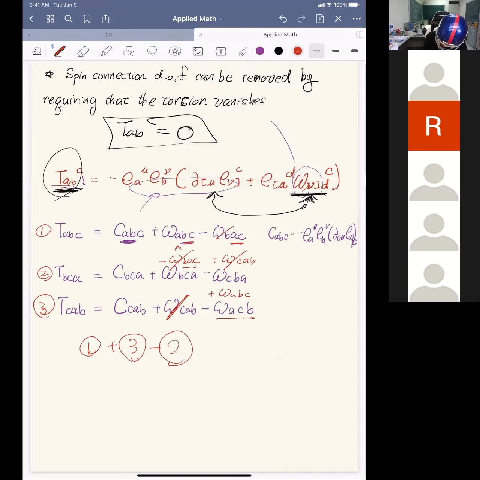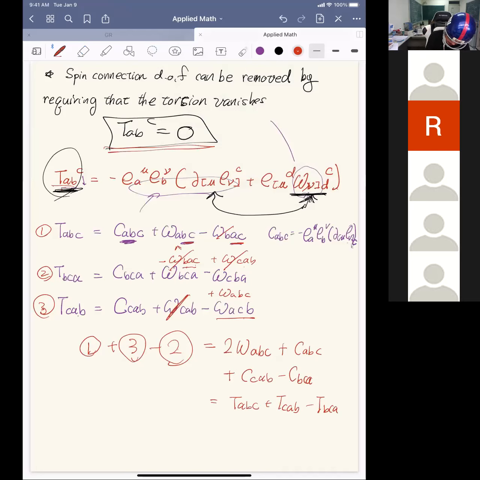So that will give you 2 times omega_ABC, plus C_CAB minus C_BCA, and this is going to be equal to T_ABC plus T_CAB minus T_BCA.